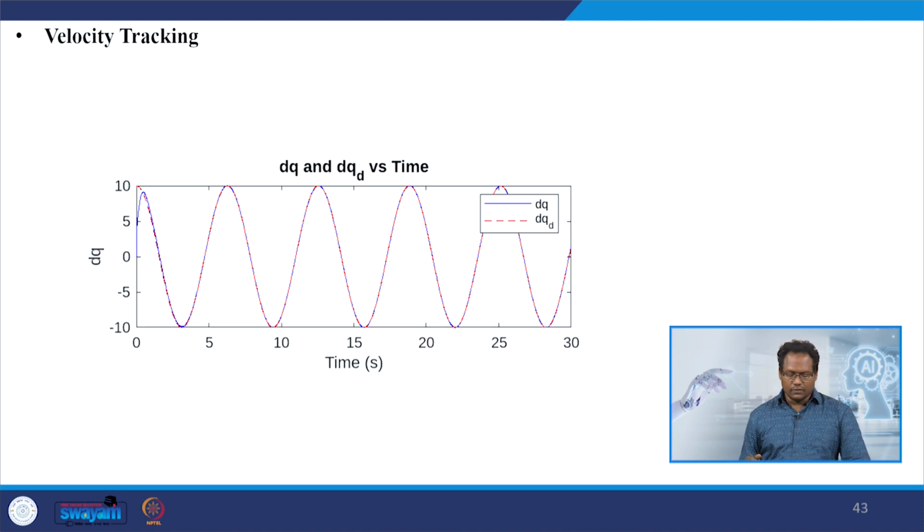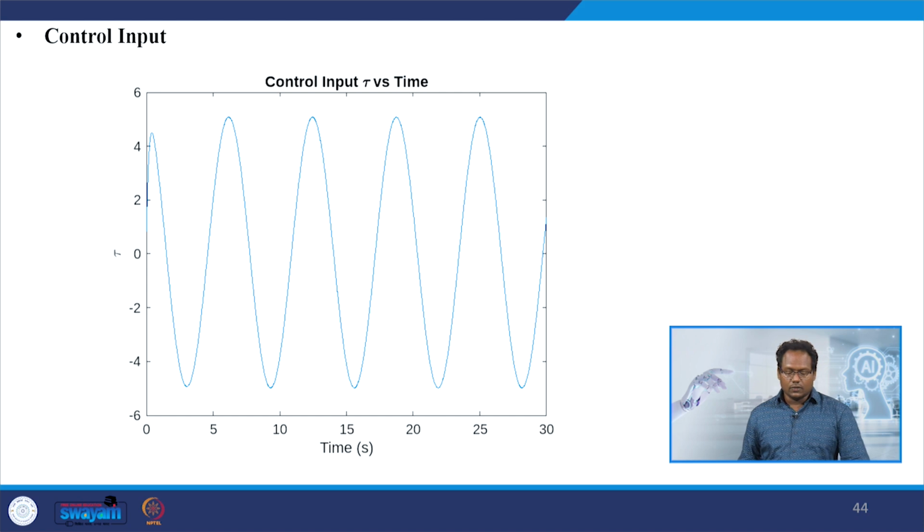Also we checked the velocity trajectory, which is tracking successfully, and the control input to track the desired sine trajectory is also a sine, varying with respect to time.